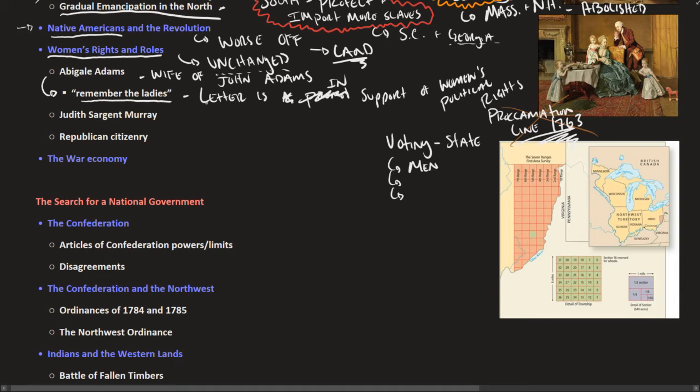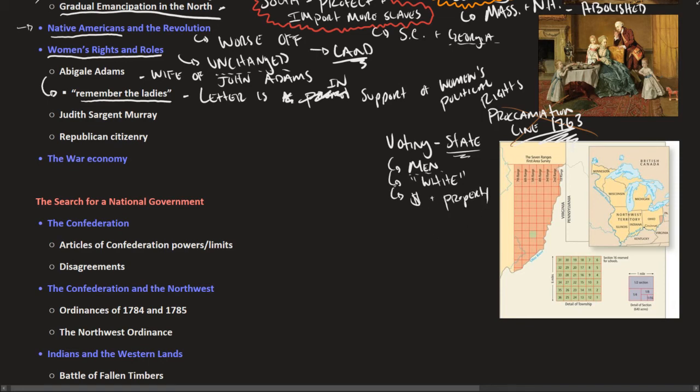For the most part, there's very little discussion about the role that women will play in the new republic. Voting was done on the state side. It required that only men be allowed to vote. It required that they be white, in a sense. The term used at the time was white persons. And that they had to either pay taxes or own property.